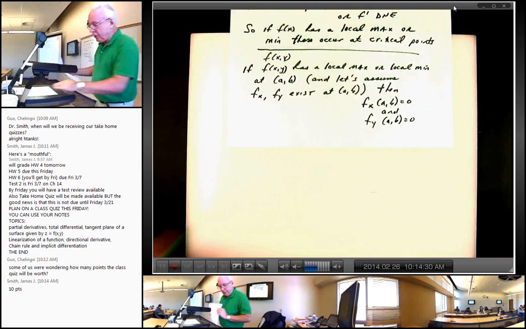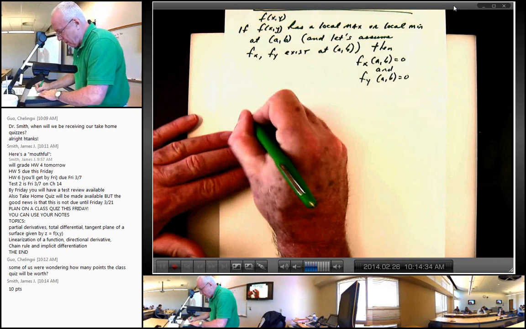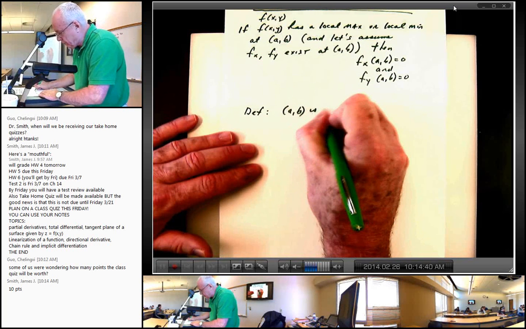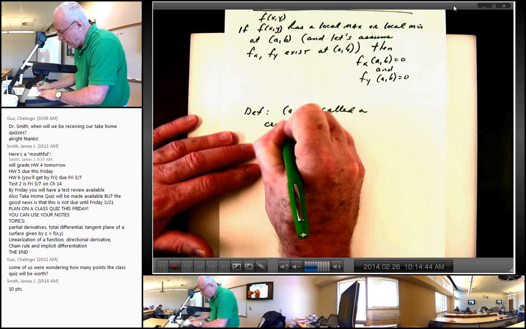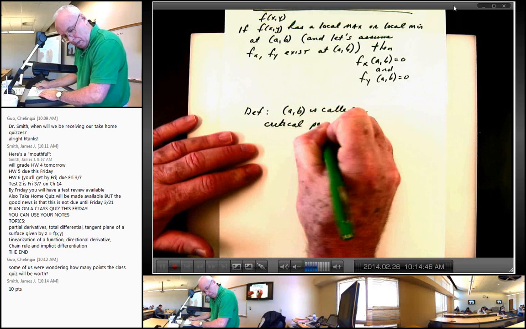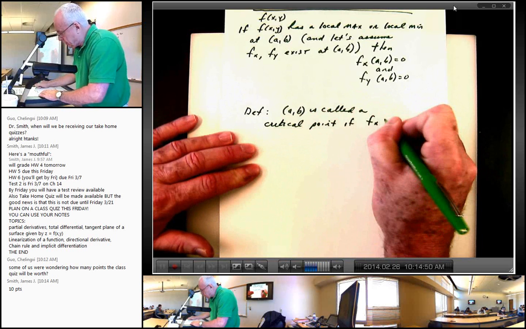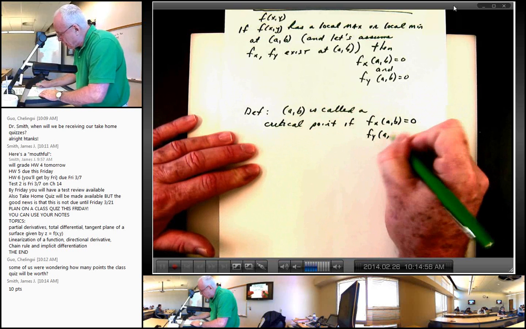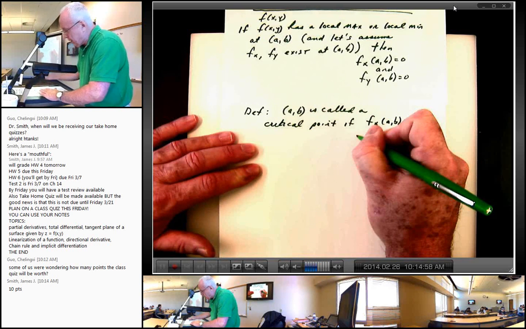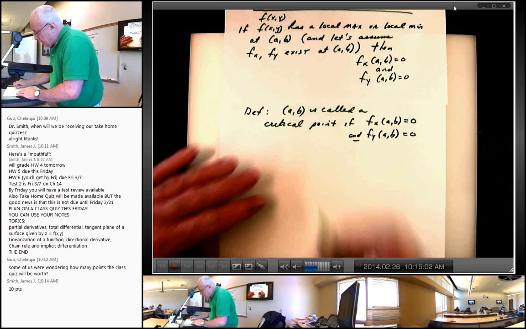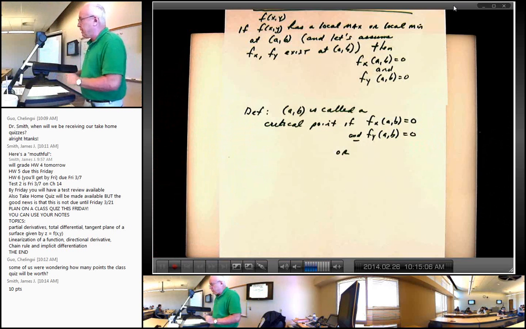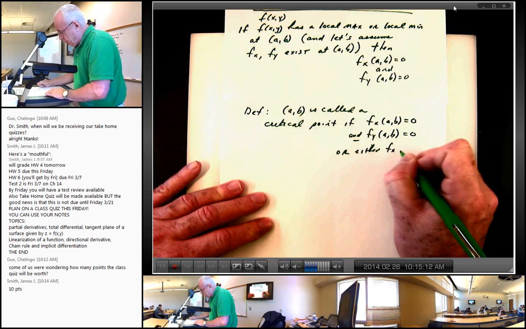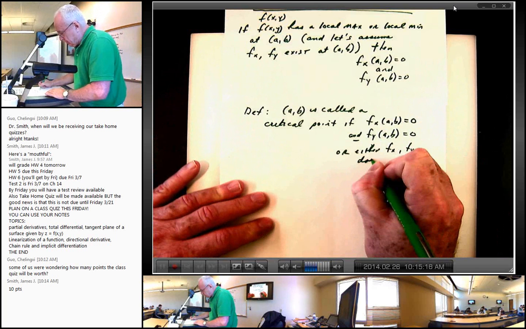So, definition: (a, b) is called a critical point if the first partial derivatives equal 0, f x at that point equals 0 and f y equals 0, or either of the first partial derivatives, f x or f y, does not exist.